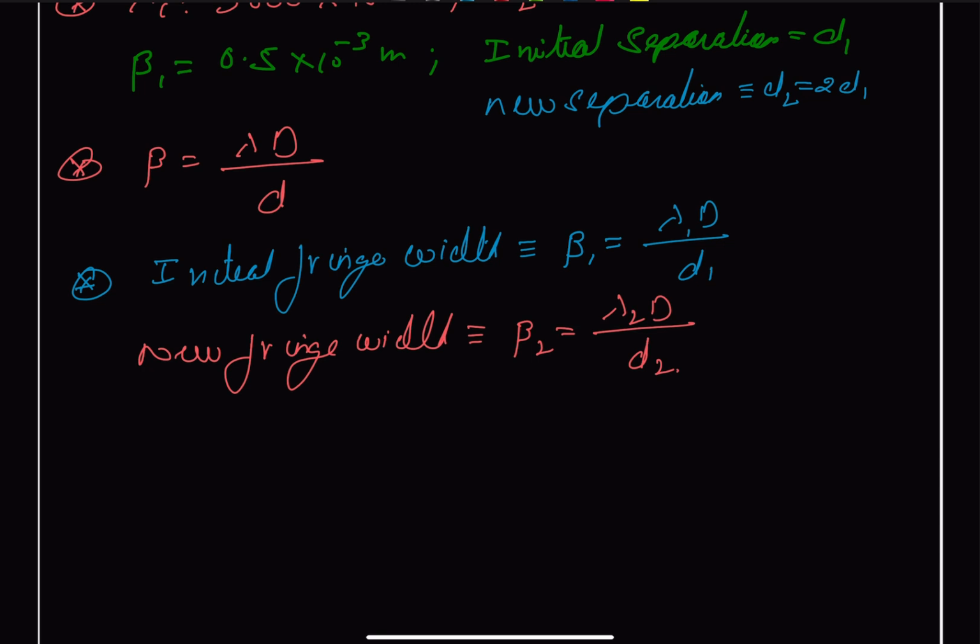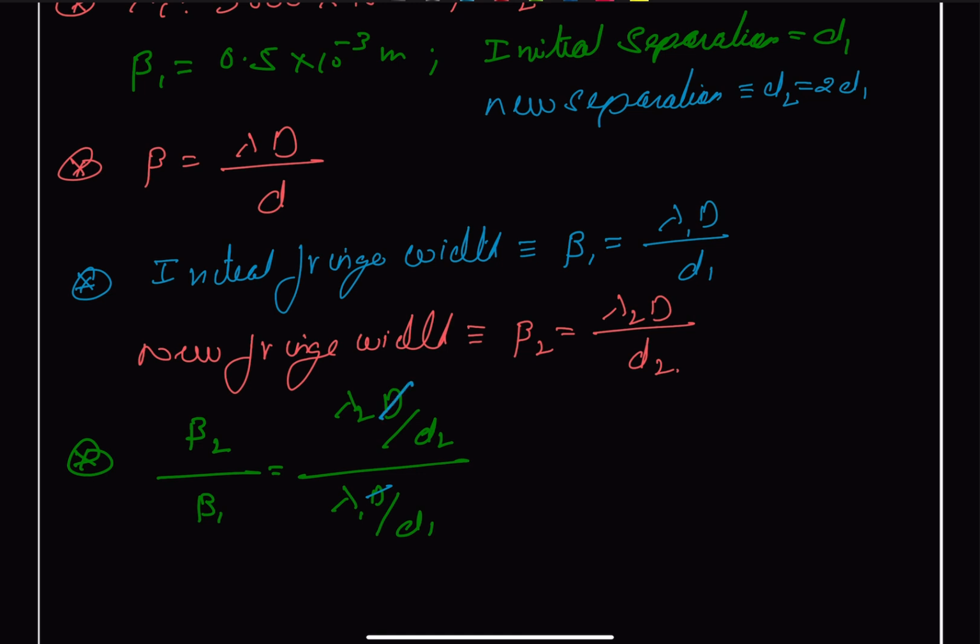We find out the ratio beta 2 by beta 1, and this comes as lambda 2 D upon d2 divided by lambda 1 D upon d1, and here D and D goes away.